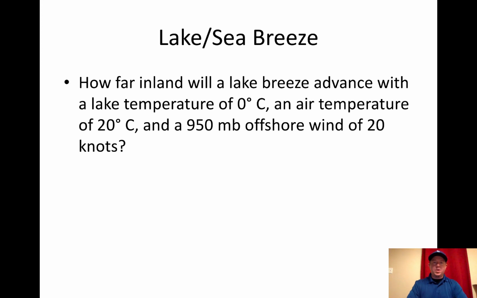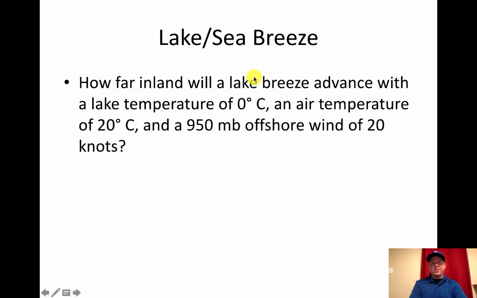All right, so here's another example. How far inland will a lake breeze advance with a lake temperature of 0 degrees Celsius and air temperature 20 degrees? All right, so your lake is colder than your land, but your offshore wind component is what? It's too strong, right? So we know when it's stronger than 17 knots, it's not going to happen. Also, what's another problem here? The lake's frozen over.